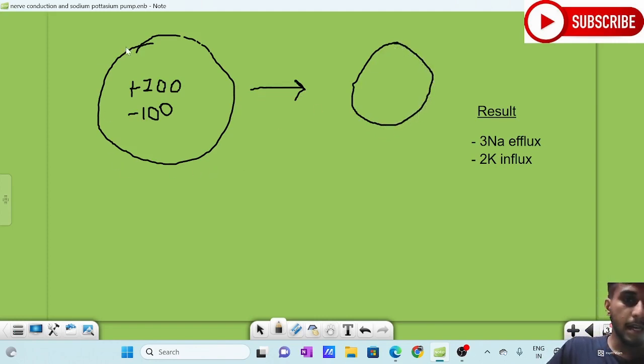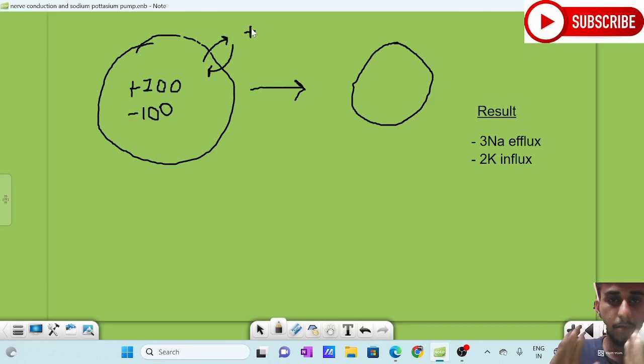If one sodium potassium pump cycle goes through, it pumps 3 sodium outside and 2 potassium inside, which means only 1 positive ion is being transported outside. Am I saying the correct thing? Yes. 3 went outside, 2 came inside.